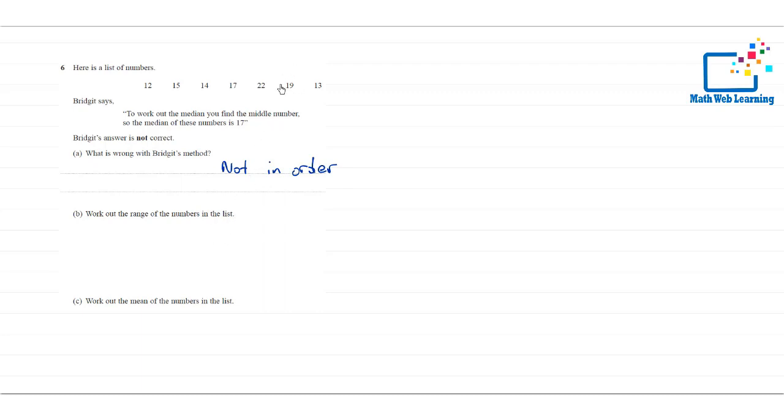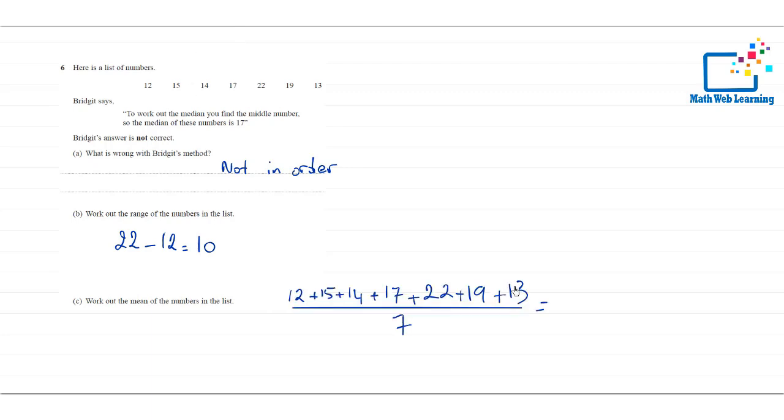The range is the highest number, in this case 22, minus the smallest number, in this case 12. And the answer is 10. The mean of the list, you add up all the numbers together and you divide it by 7. Like so, and the answer is 16. Next question is question 7.